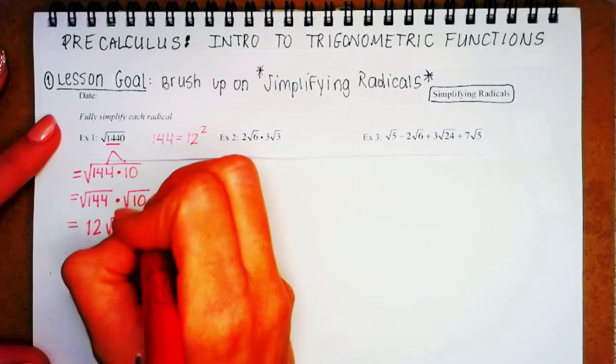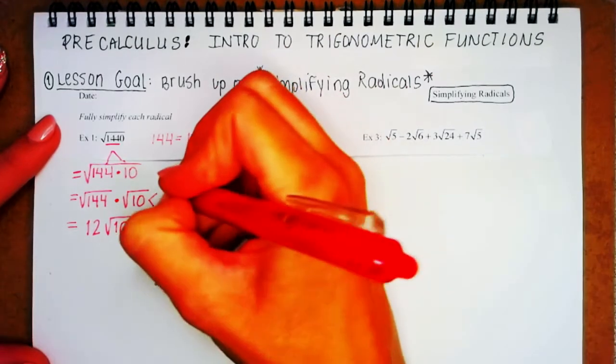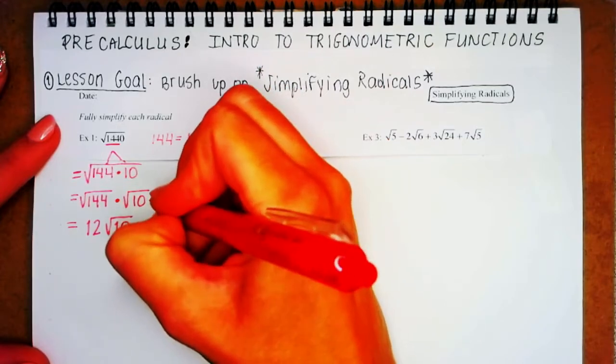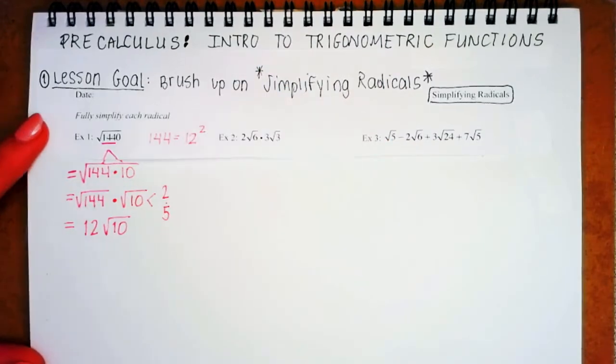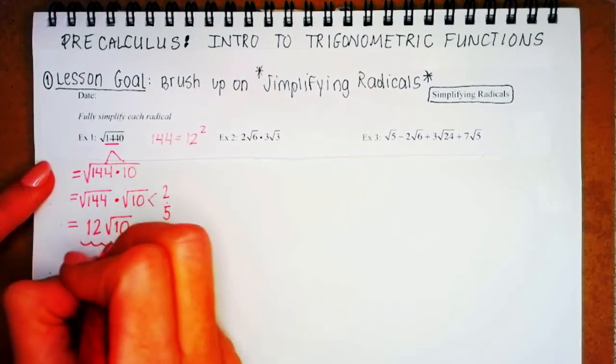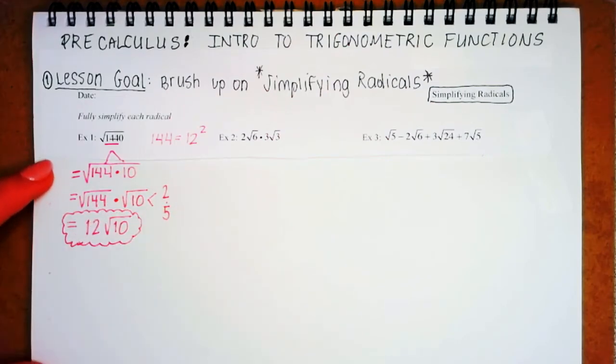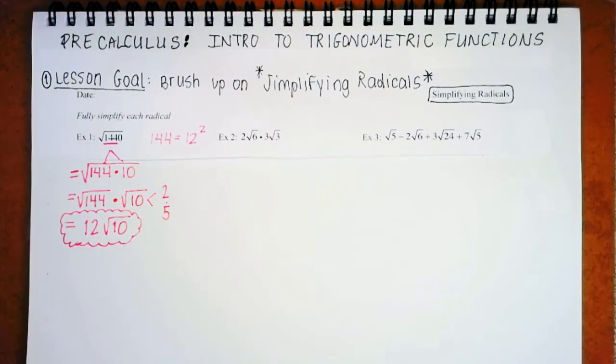Well, if I did the same idea with the 10 that I did with the 1,440, you would see that it is 2 times 5, that makes 10. 2 and 5 are both prime numbers. Neither of them are perfect squares. So there's nothing I can do with that. I can't simplify any further. So our final answer for the square root of 1,440, fully simplified, is 12 root 10.